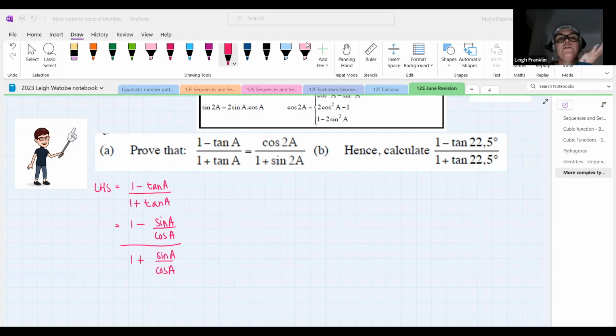Exactly. So, Naledi, how should I rewrite the 1? If I want a lowest common denominator, how should I rewrite the 1, do you think? Any ideas? How should I rewrite the 1?